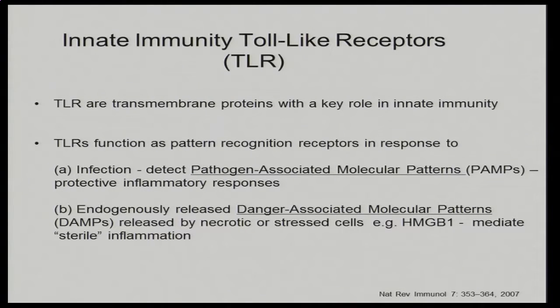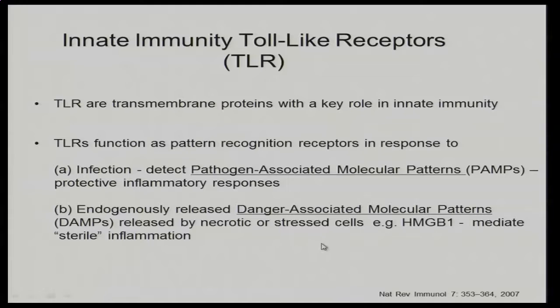What's important in ischemia reperfusion are the toll-like receptors, particularly 2 and 4. As we probably heard in other lectures, these toll-like receptors are recognition receptors of pathogen-associated molecular patterns, or PAMPs, which lead to protective immune responses to infective organisms.